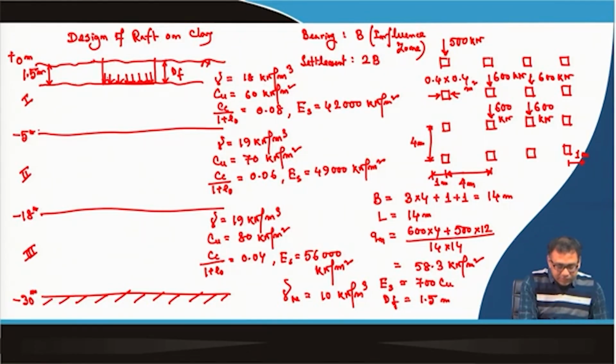So, for bearing, the influence zone will be 14 plus 1.5, up to 15.5 meter from the ground surface.